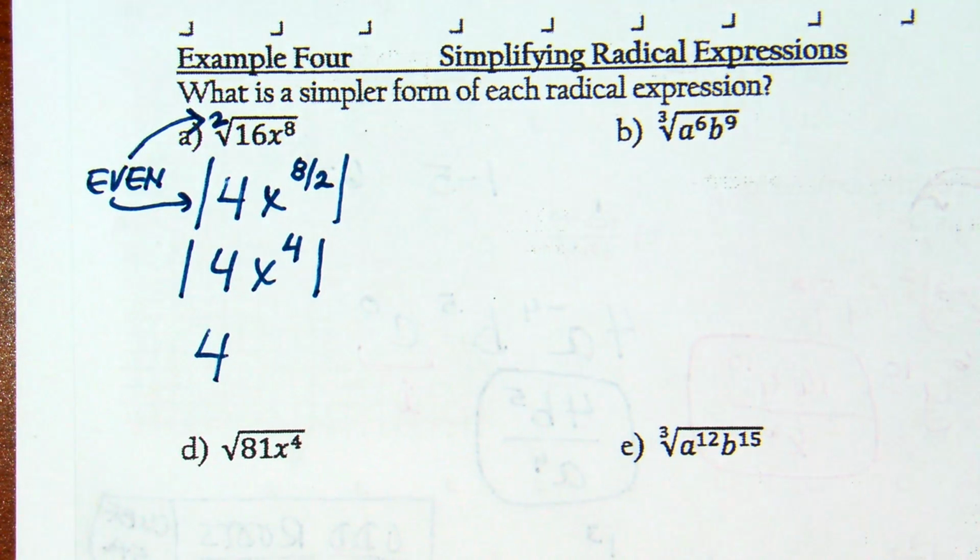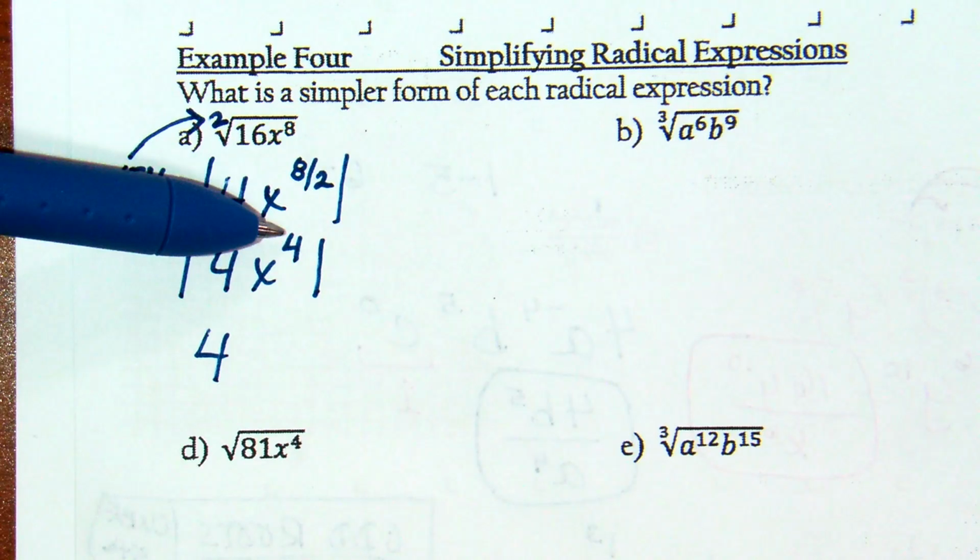Then you have to look at your variable. Does x to the 4th need absolute value to make sure it's positive? Now, do we know what x is? We don't know what x is, do we? x could be positive or x could be negative. So play with the idea that x is negative. What happens when you raise any number to the 4th power?